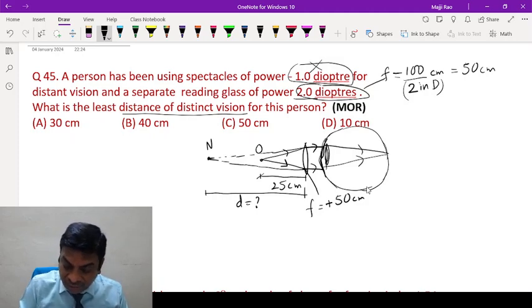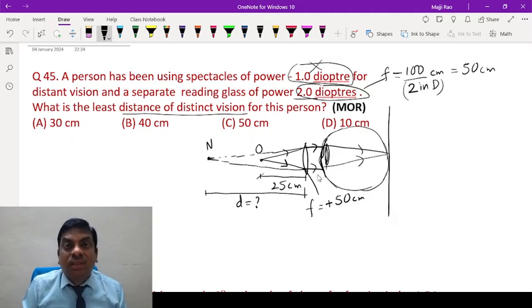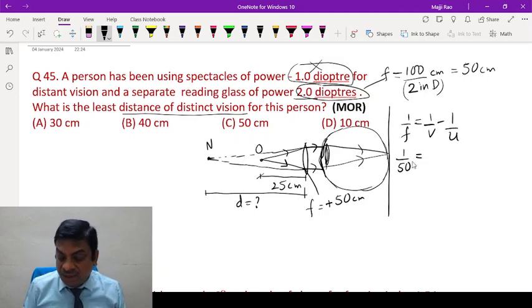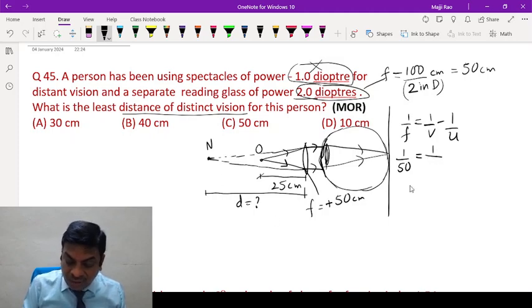Using the Gaussian form of lens equation, we have 1 by f is equal to 1 by v minus 1 by u. That is 1 by 50 cm. I am substituting all the quantities in centimeters, so don't worry about the unit. Now, since the image is to the left of the lens, I'll write minus d here, and the object is also to the left, so I should write minus 25.